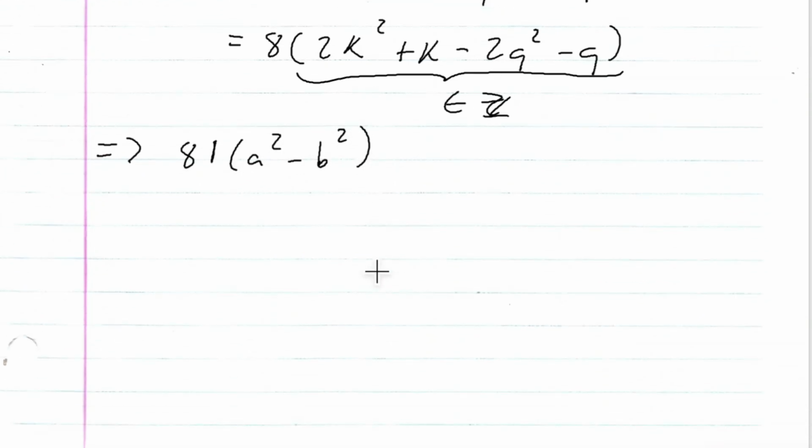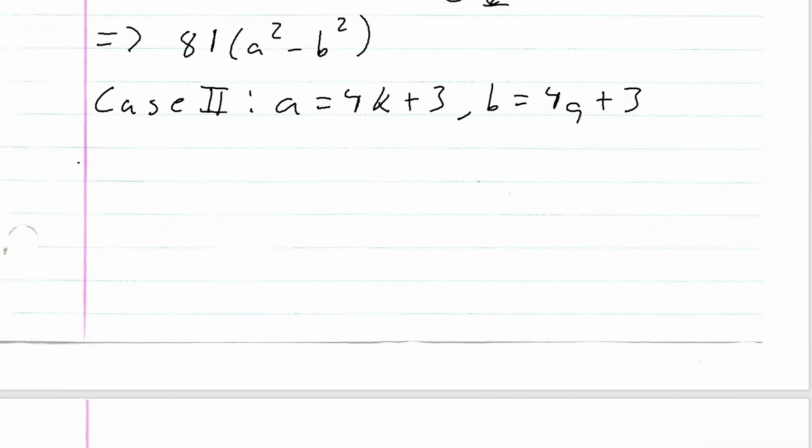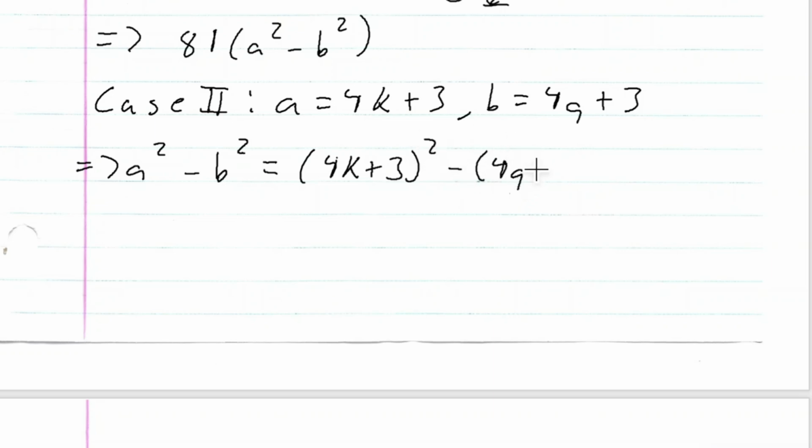All right, so now the second case, so let's go ahead and go to case 2. We'll have it where both of them are in the form 4 times an integer plus 3. So a is equal to 4k plus 3, and b is equal to 4q plus 3, right? So this implies that a squared minus b squared is equal to (4k plus 3) squared minus (4q plus 3) squared.